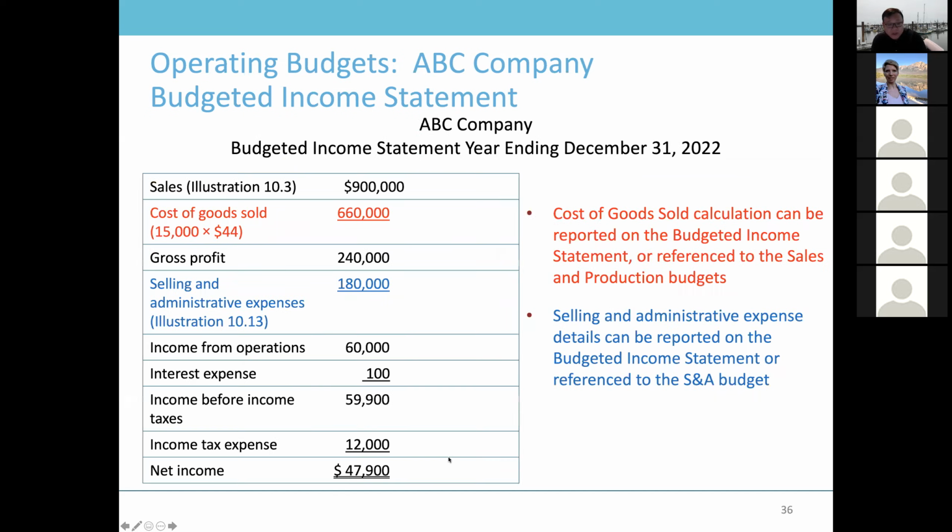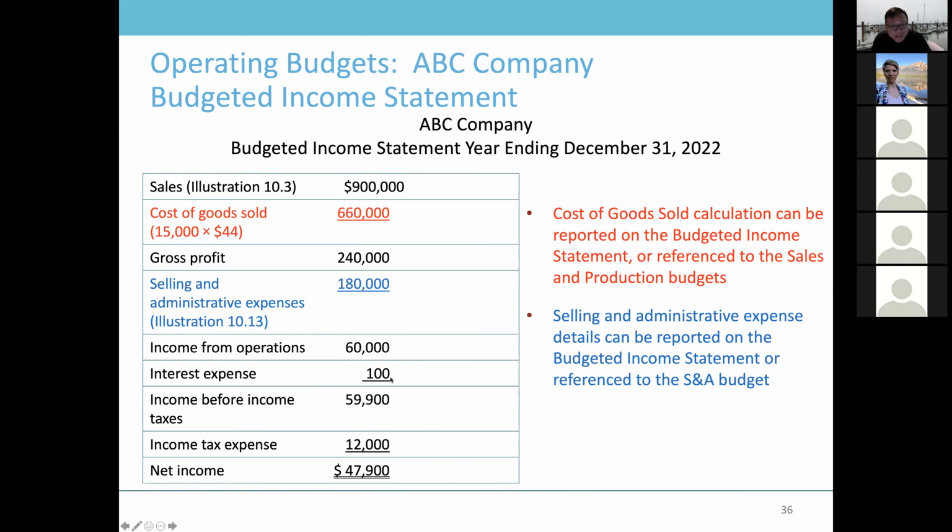Okay. So this is what the budgeted income statement looks like. You know your sales number from the sales budget. You figured out your cost of goods sold. The difference is your gross profit. And we know the selling and administrative expenses is 60 plus 120. That's $180,000. Okay. So now the difference between these two numbers is your income from operations, 60,000.